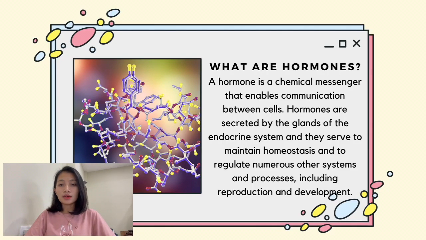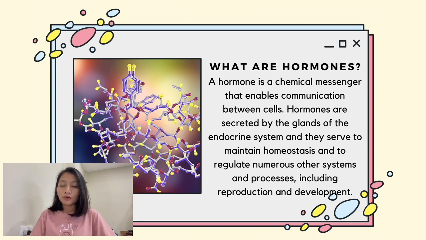Let us find out first what hormones are. A hormone is a chemical messenger that enables communication between cells. Hormones are secreted by the glands of the endocrine system and they serve to regulate numerous other systems and processes, including reproduction and development. Hormones are chemical messengers that are secreted directly into the blood, which carries them to organs and tissues of our body to exert their functions.